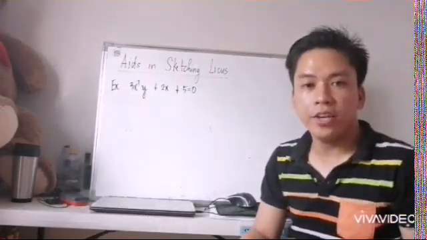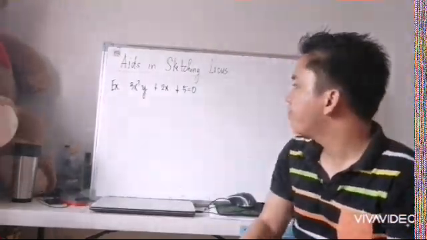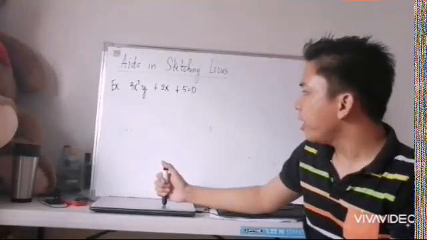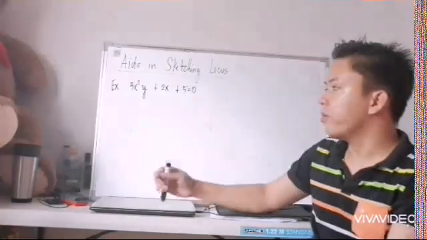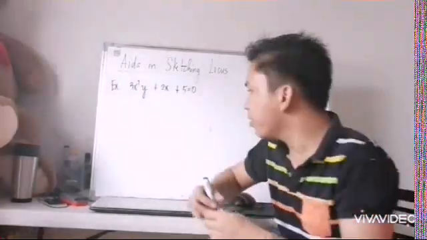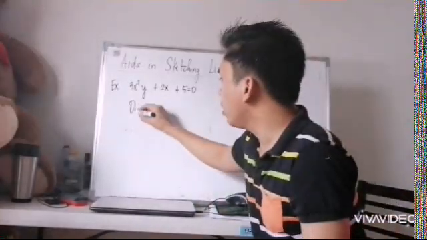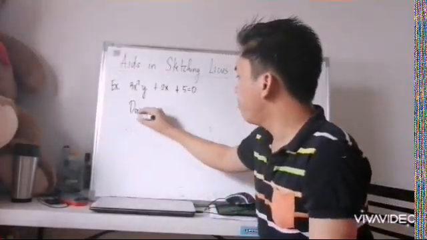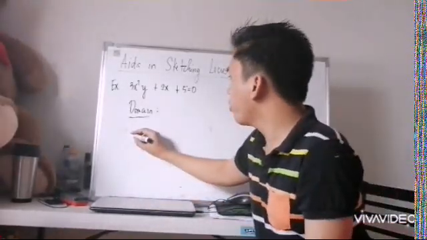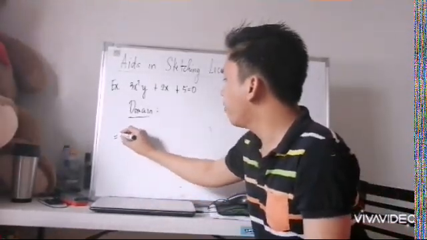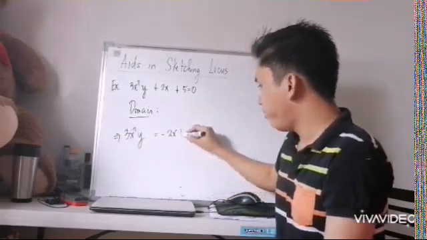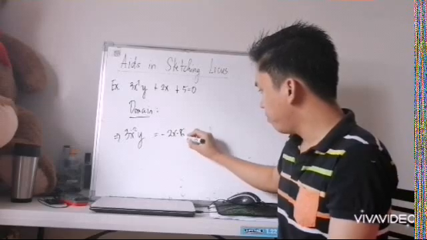Okay, so let's consider another example here. We have 3x squared y plus 2x plus 5 equals 0. So how do we solve for the domain and the range of this locus? To solve for the domain, again, let's solve for y in terms of x. Solving for y in terms of x, we shall have 3x squared y equals negative 2x minus 5.